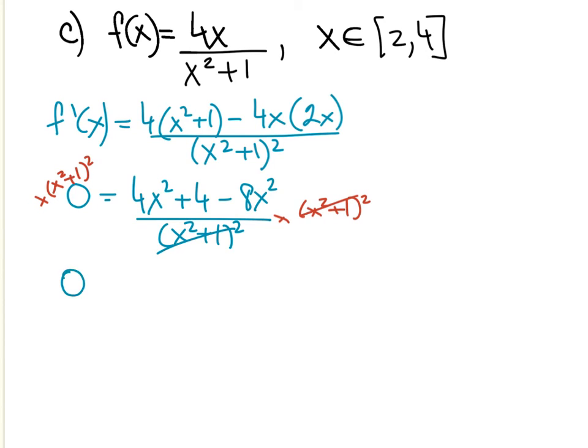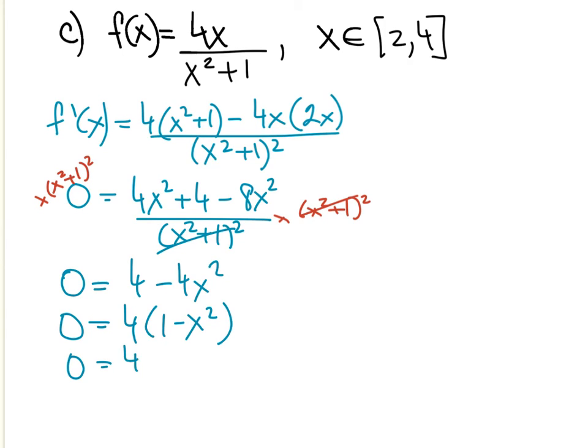And so we just get 4 minus 4x squared when we collect like terms. And now let's factor that, so it's really just 4 times 1 minus x squared. And so you can kind of see that that's a difference of squares. And so that's just going to be 1 minus x, 1 plus x. And so you're going to get two answers here. So x is equal to 1, and x is equal to -1.